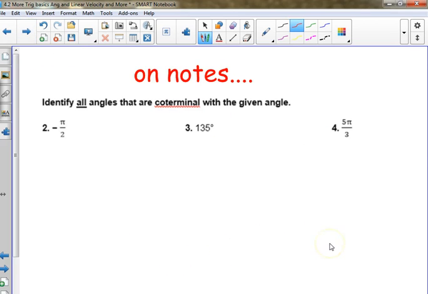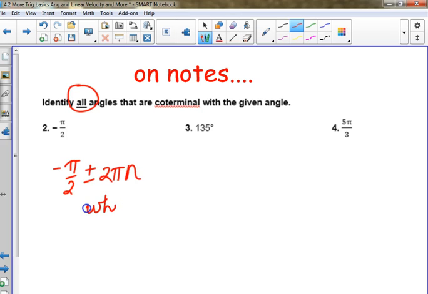So this is on our notes real quick. If they wanted all the angles ever that lined up with this one, we would say what? You would keep adding or subtracting multiples of 2 pi because it's in radians, okay?